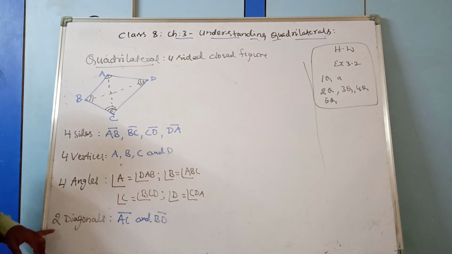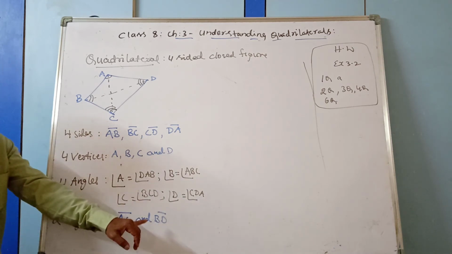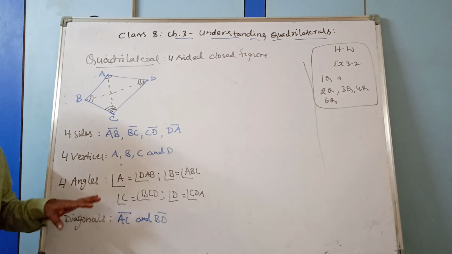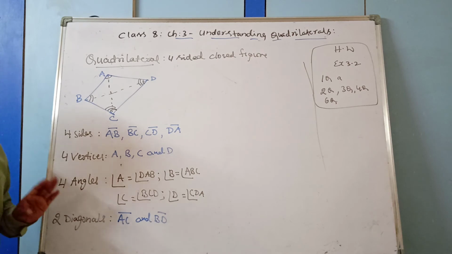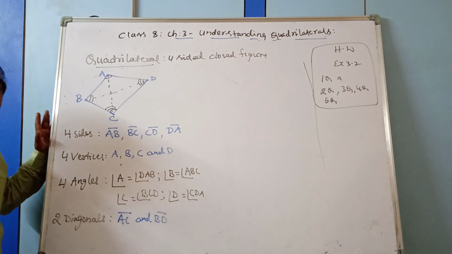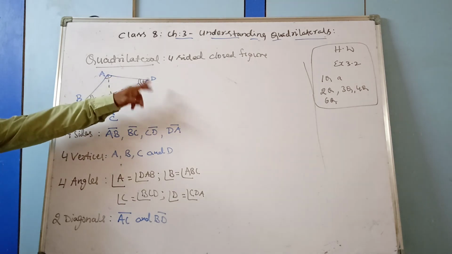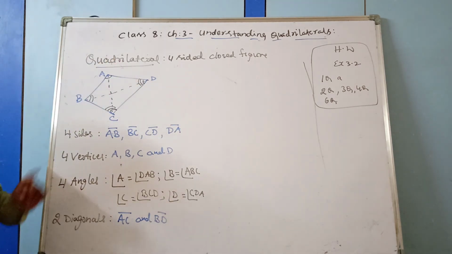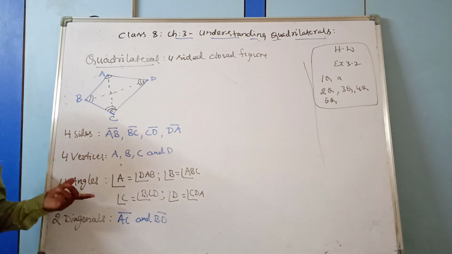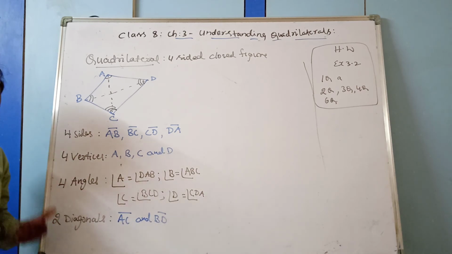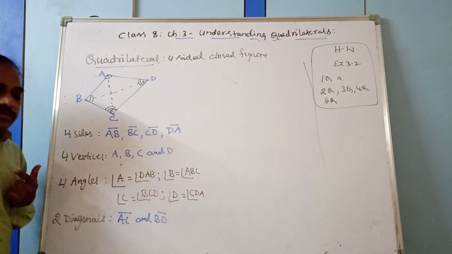Then two diagonals, AC and BD. This is about the quadrilateral. A four-sided closed figure is called a quadrilateral. Every quadrilateral will have four sides, four angles, four vertices and two diagonals.